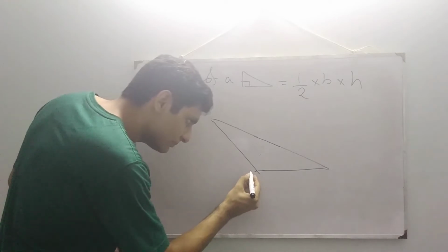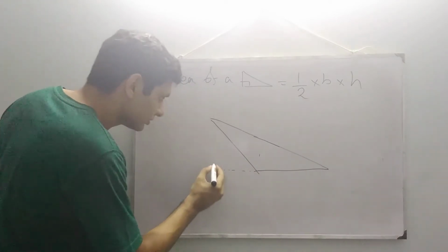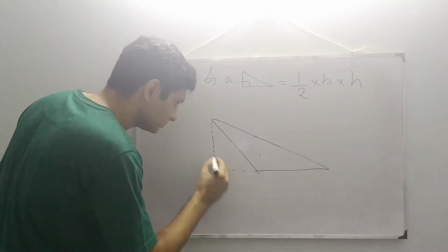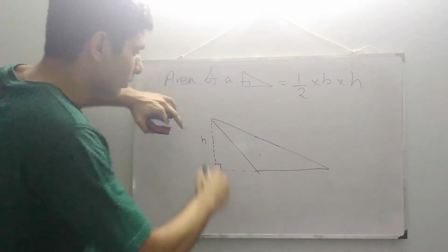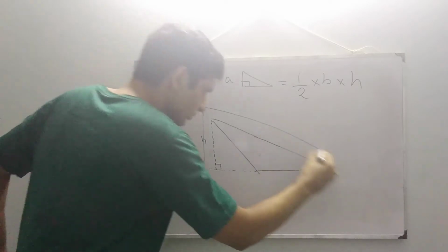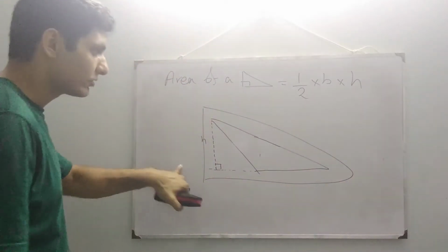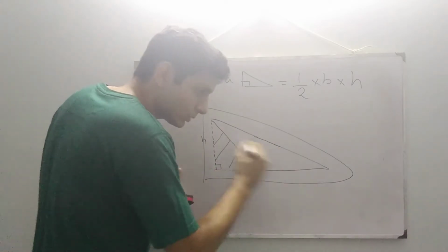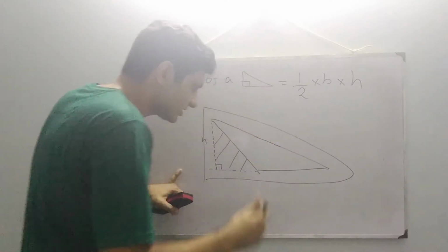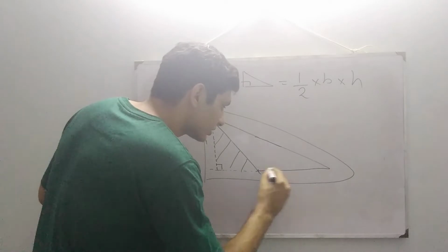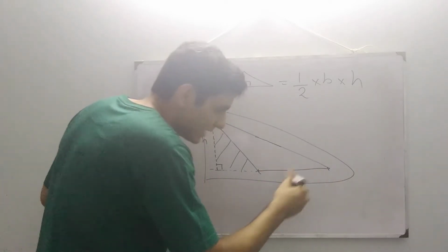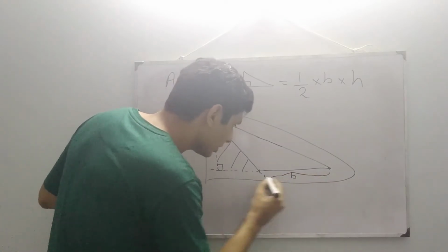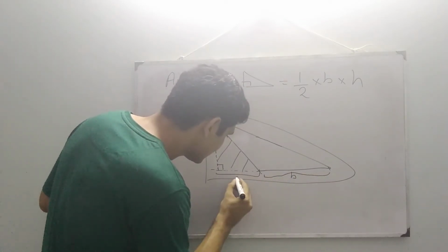I could just extend the base like this, and again draw the height like this. Now, this whole is a right triangle. This bit is a right triangle. This bit we're interested in is not. Let's call this part base B, and let's call this C.